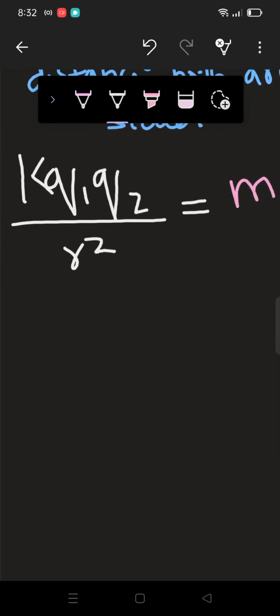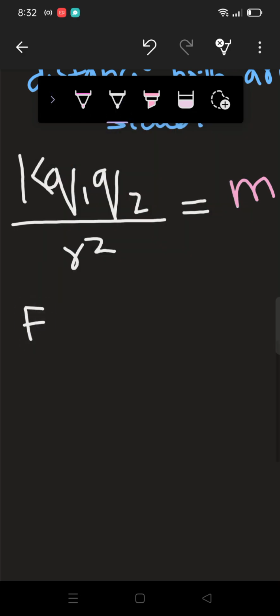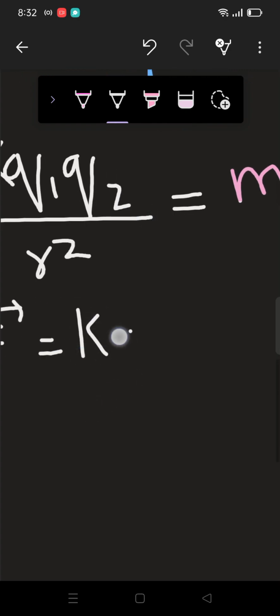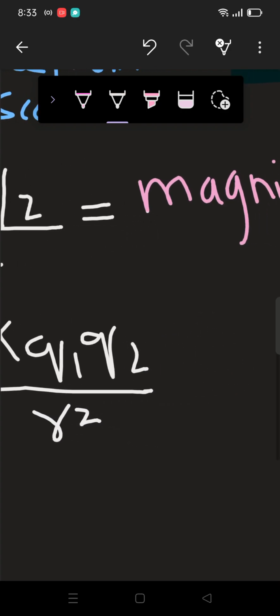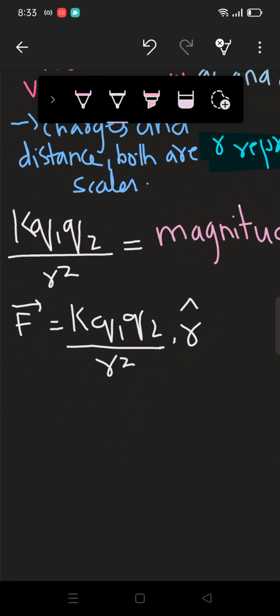And now as we are going to represent this in vector form, how are we going to do that? We know that we represent a vector by putting an arrow on top of that particular quantity. F vector is equal to K Q1 Q2 over R square, which is the magnitude, multiplied with the unit vector, and we know that the unit vector's magnitude is always 1. So when this is multiplied by the unit vector, the answer would be the same, K Q1 Q2 over R square.